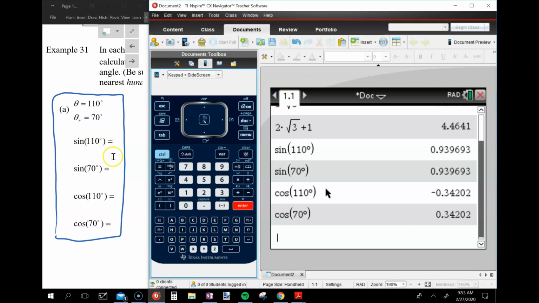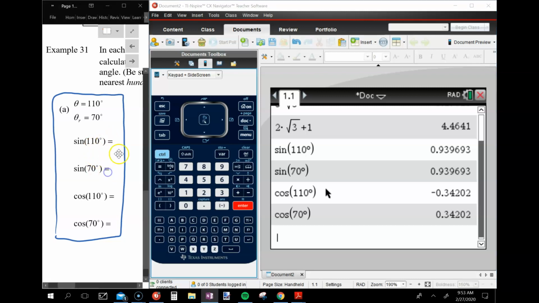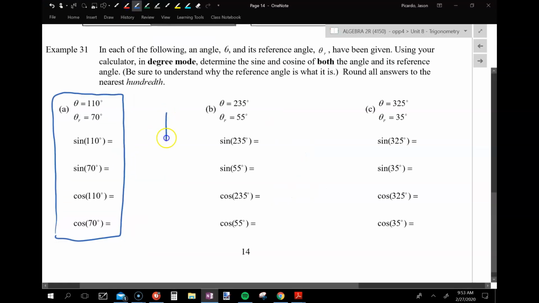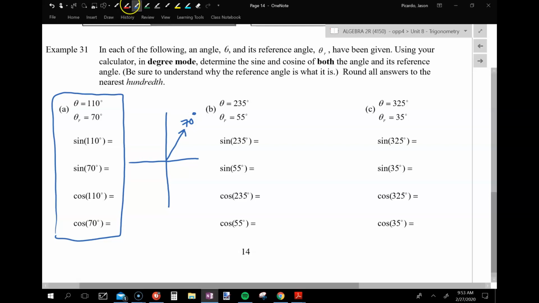So let's talk about why this happened, okay? Super, super important. If I go back here for a minute, 70 degrees is right here, correct? What's the reference angle of 70 degrees? 70 degrees because I'm going to go back, right?